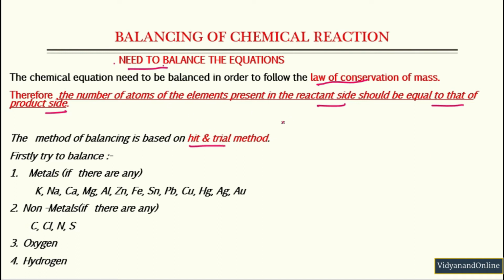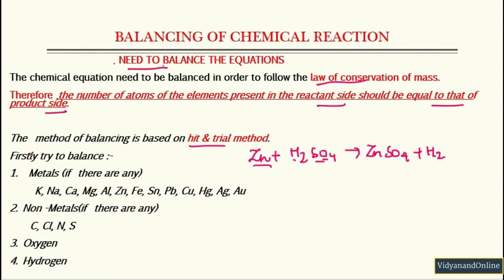Suppose you have a reaction, say Zn plus H2SO4 gives you ZnSO4 plus H2. You know that there are the following elements in this reaction: zinc, hydrogen, oxygen, but then it becomes confusing which element you should balance first.